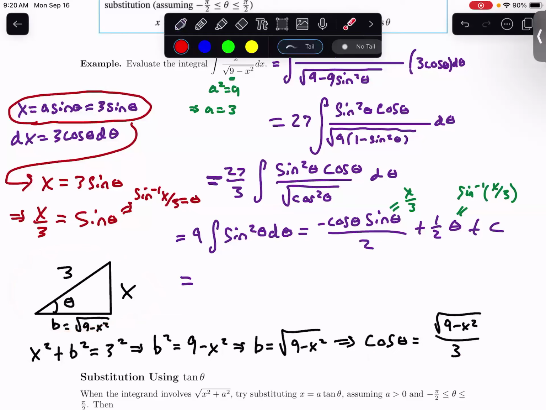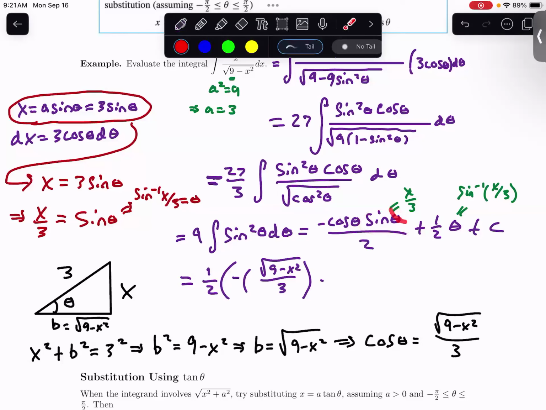So this minus cosine theta, let's bring out a 1/2 to make this a little bit nicer to look at. Cosine theta is equal to the square root of 9 minus x squared over 3. So this is minus the square root of 9 minus x squared over 3, multiplied by sine theta.